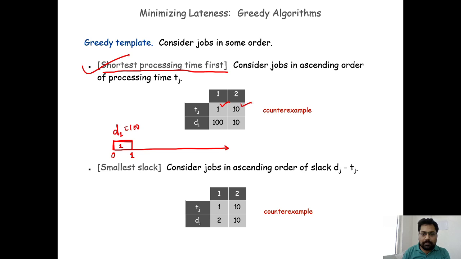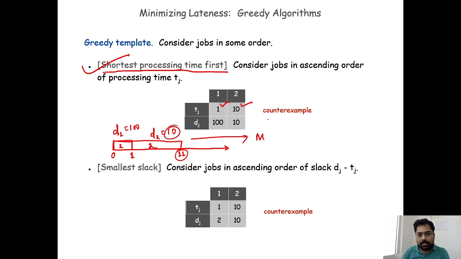Next, the second one will be 10. If I add 10 here, d of 2 is 10, and the finishing time will be 1 plus 10 equal to 11. But it has to be reached by 10, so it is beyond that.